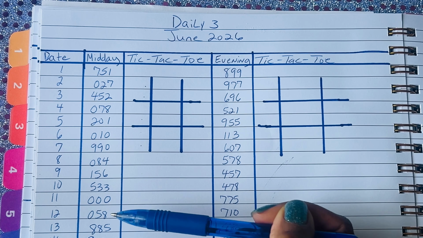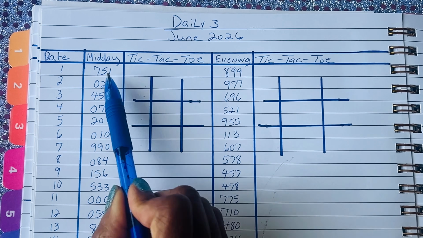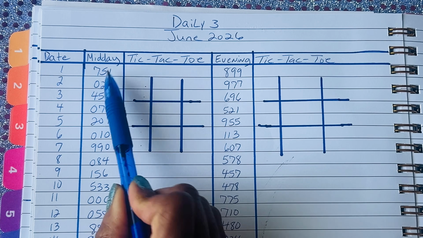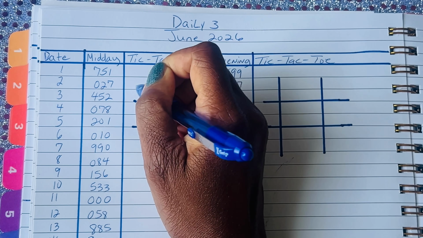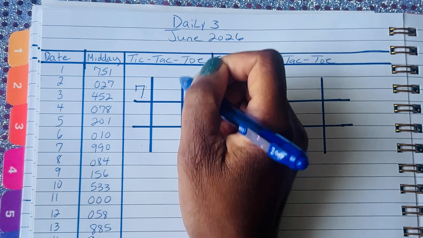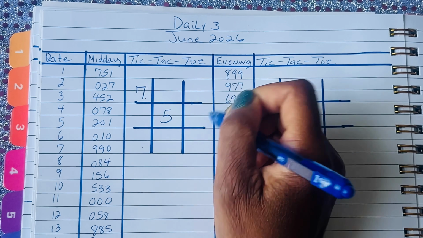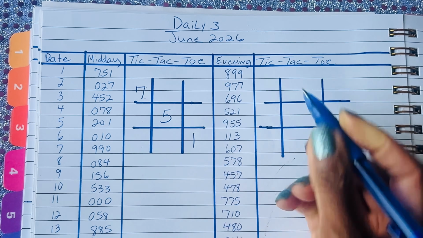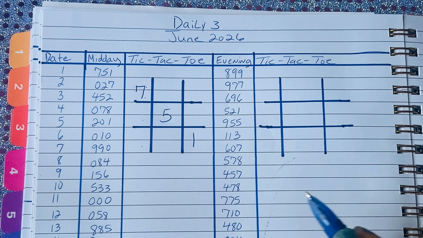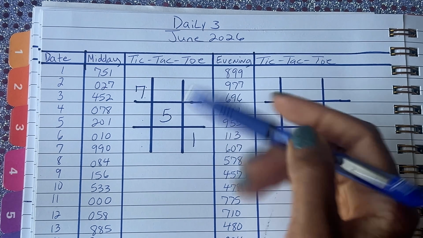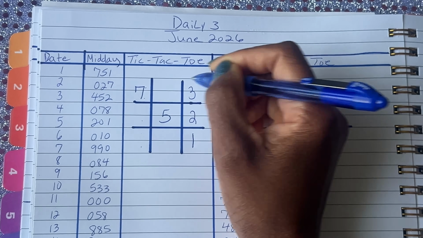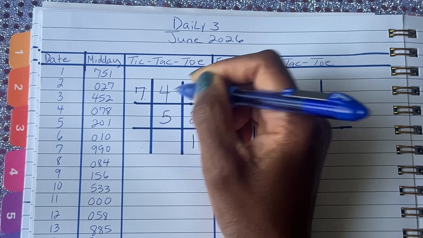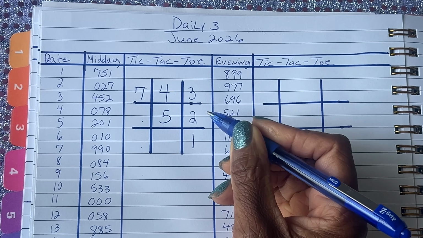First step is to take the midday winning number on the 1st of the month and write it in the tic-tac-toe grid diagonally. Once that's done, I'm going to fill in the complete grid counting up. So 1 plus 1 is 2, and then I'll put the 2 in that grid and I'll count up from there. 3, 4, and next you see some more empty spaces in the grid.